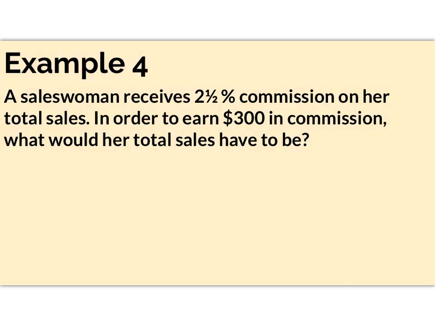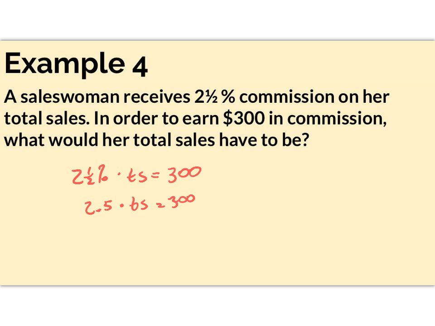Okay, a saleswoman receives 2.5% commission on her total sales. What total sales does she need in order to earn $300? So this is the same problem as before. 1/2 is 0.5, so 2.5% times total sales equals 300.